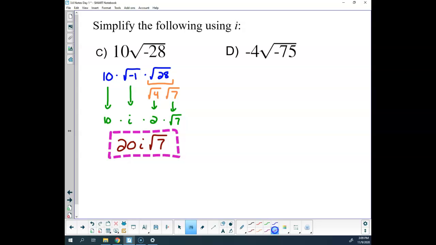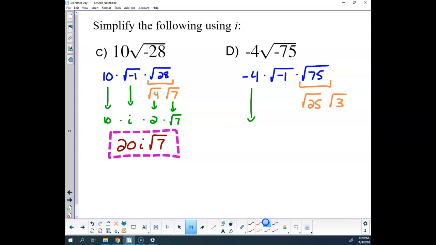Negative 4 times the square root of negative 75 would become negative 4 times the square root of negative 1 times the square root of 75. The square root of 75 would be the square root of 25 times the square root of 3.